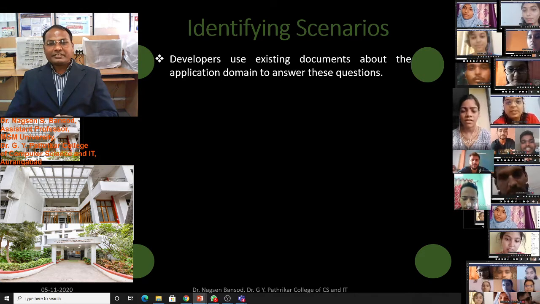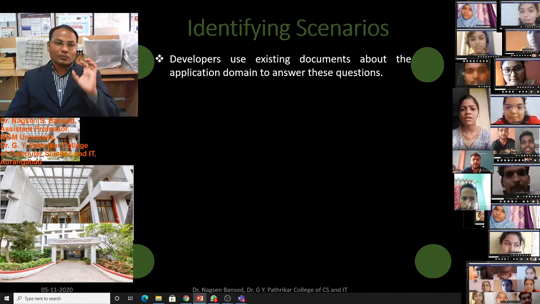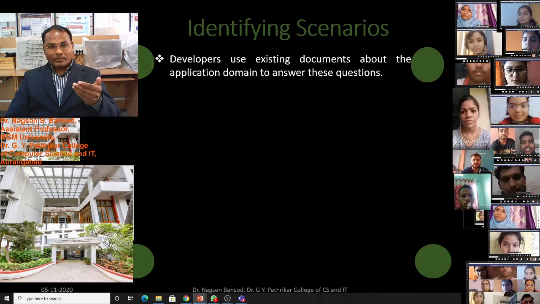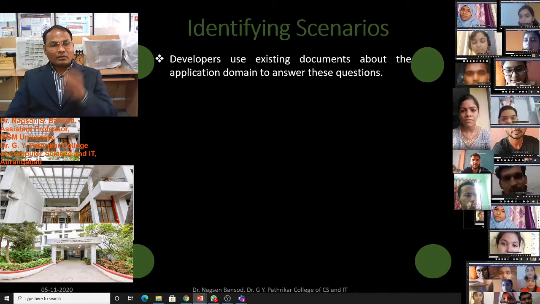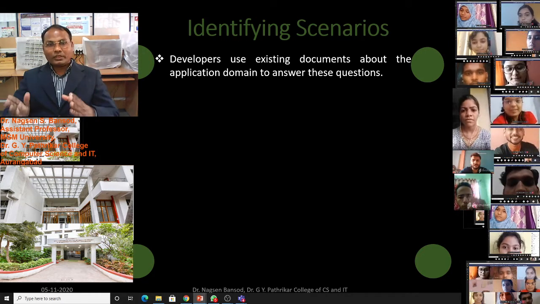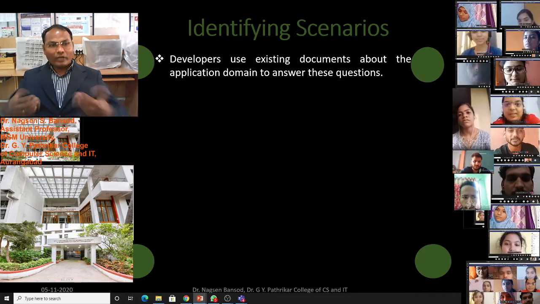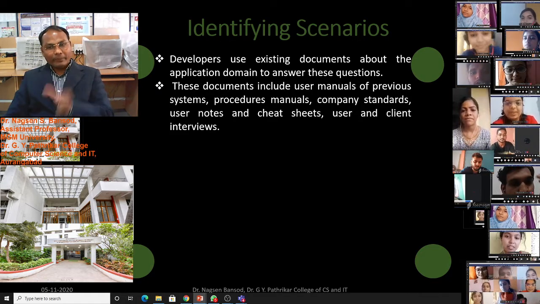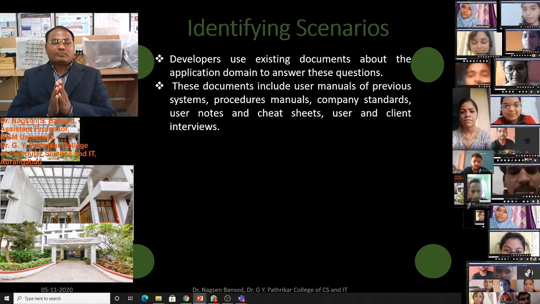Developers use existing documents about the application domain to answer these questions. As a developer, we have to use existing documents about the application. This includes the user manual of the previous system.